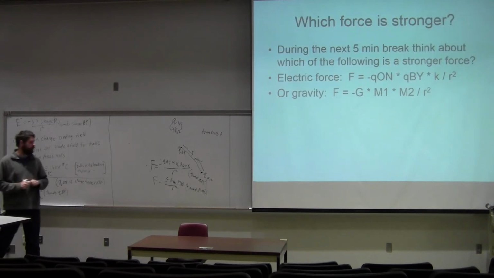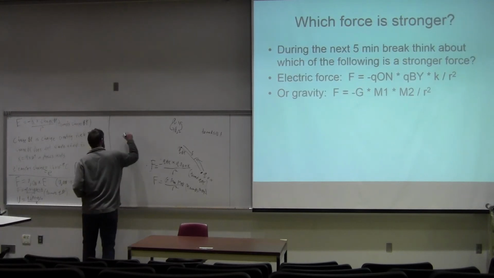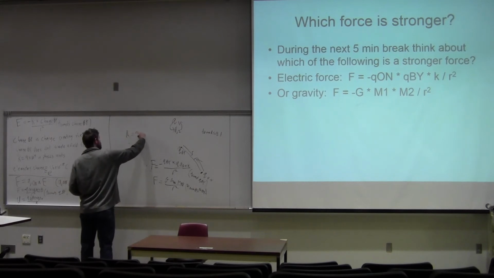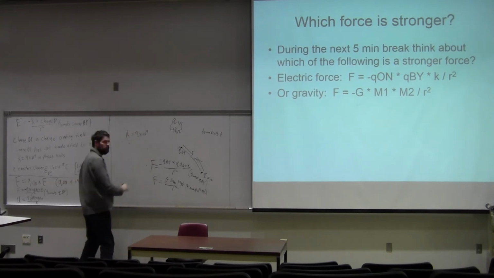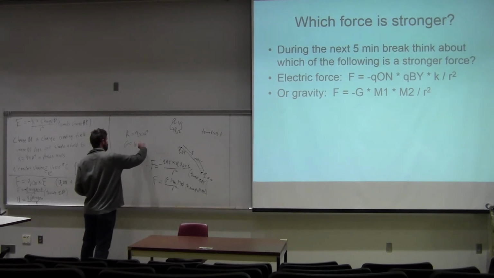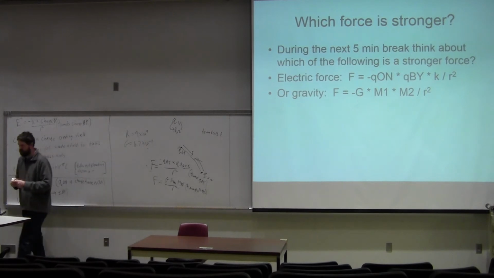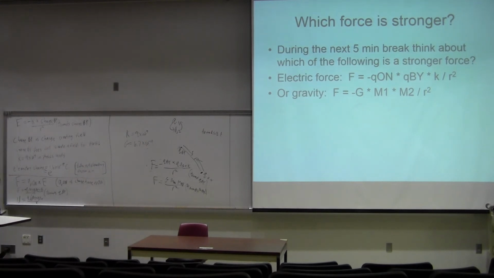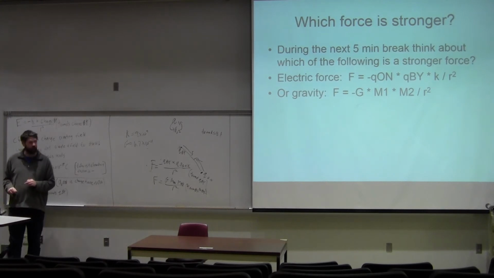So to give you a reminder, K, which I've written over here, is 9 times 10 to the 9th in physics units. G is 6.7, not 6.67, times 10 to the minus 11th in physics units. All right, so which one is the stronger force?